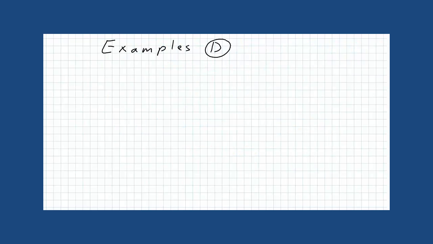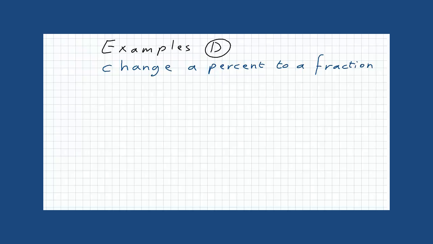Now look at this group of examples. We want to learn here how to change a percent to a fraction. Look at these examples. 25%, we want to change it to a fraction. We know that this percent can be written as 25 hundredths or 25 over 100.